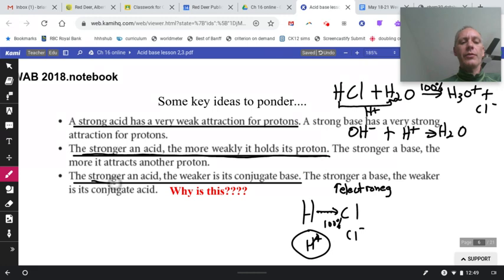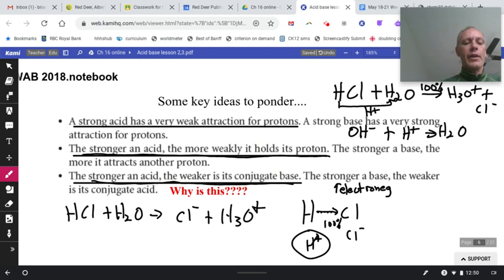because it pulls the electrons away and leaves the H plus as the acidic ion. And the last one, the stronger the acid, the weaker its conjugate base. Interesting. So HCl as a strong acid makes Cl minus and H3O plus. So it's a strong acid, and here's its conjugate base. This reaction goes 100%.